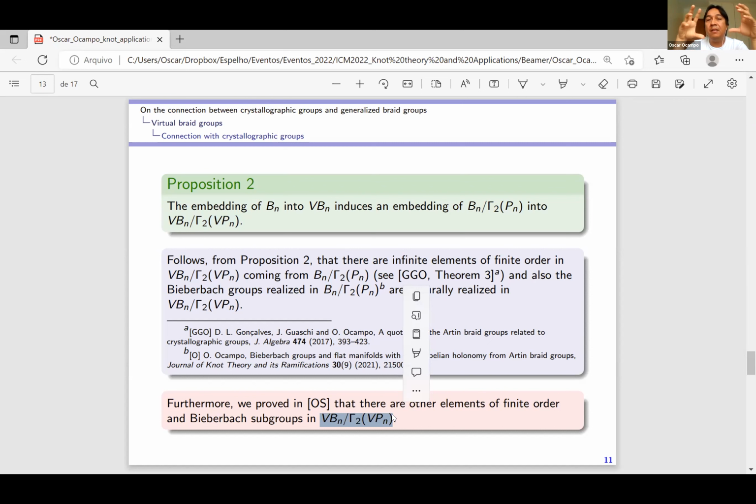These are different elements and different Bieberbach groups from the ones that come from the classical case. Okay, so it was proved in this joint work with Paulo. The idea is to consider some equations in the integers that come from the action applied many times.